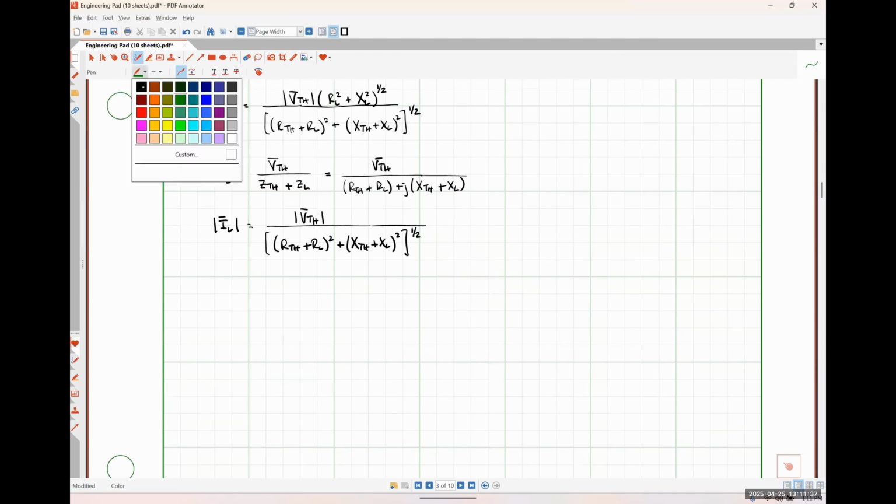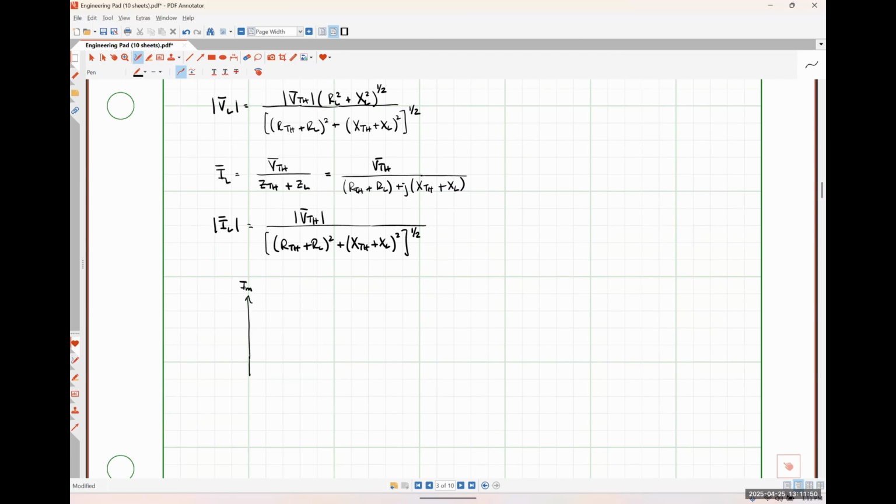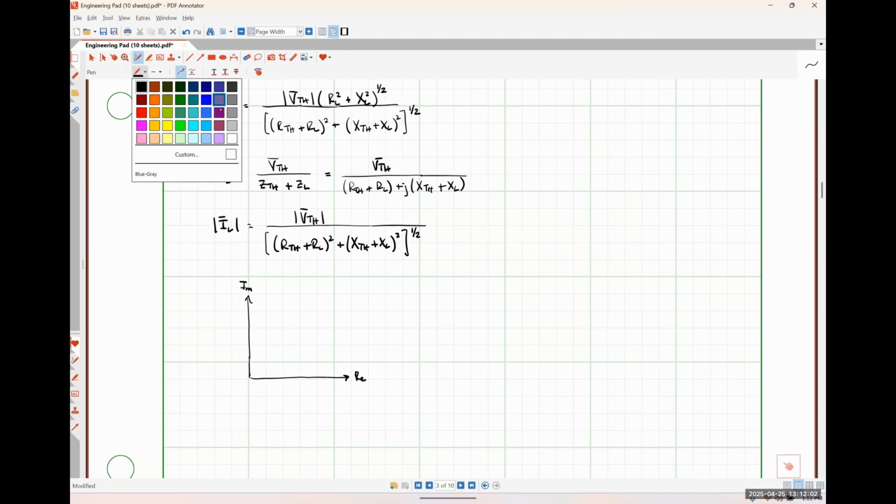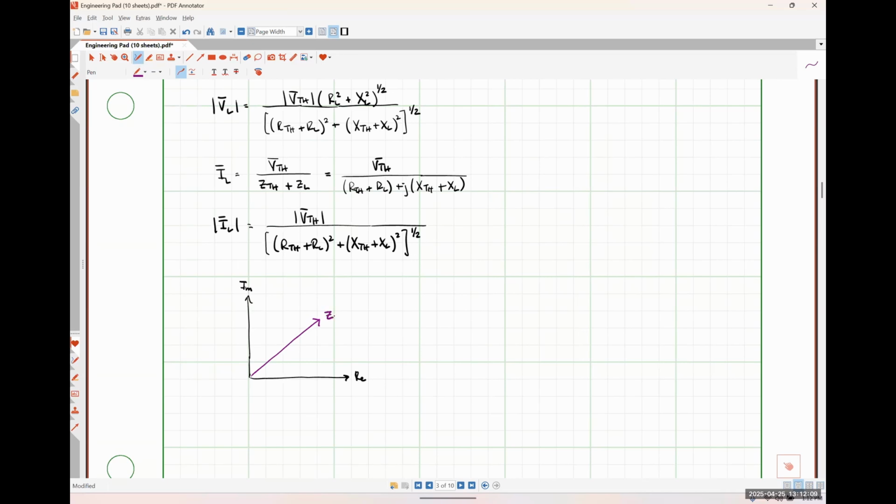So if I were to make a plot on the complex plane of a generic impedance ZL, here is my imaginary axis, and here is my real axis. Let's say that this vector right here represents my load impedance, okay?